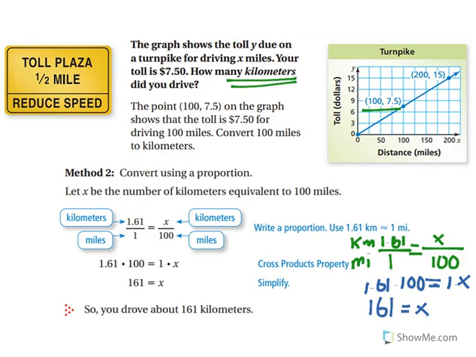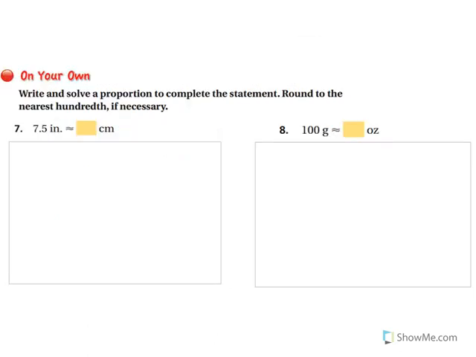Okay, so I'm going to have you guys try number 7 and 8. Now, let me give you some information to make life easier for you. 1 inch is approximately 2.54 centimeters.